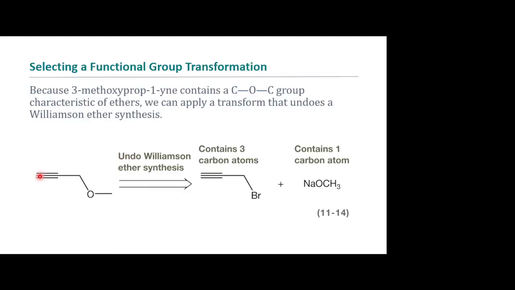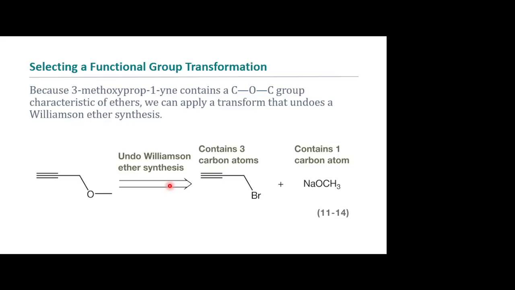That would give us, well, we need 3 or fewer carbons, right? 1, 2, 3. So we have to join right there. And so that would be bromide on this side, and then we have an oxide here to attack it with. And so our oxide will then attack and give us that.